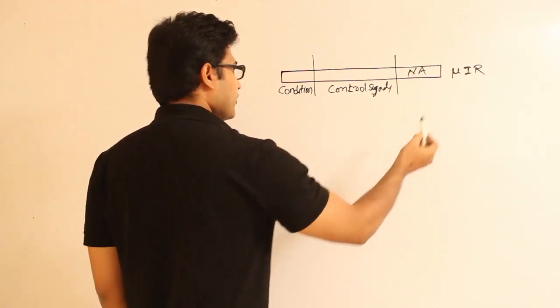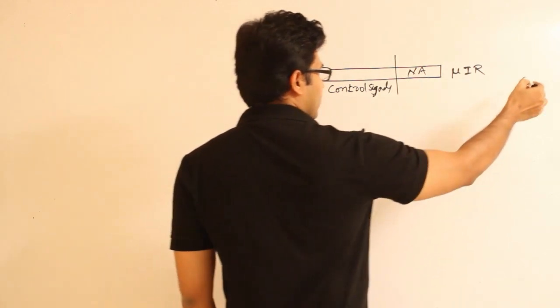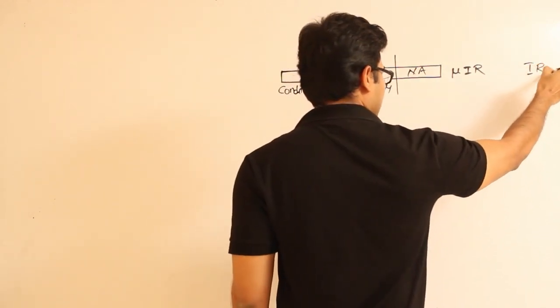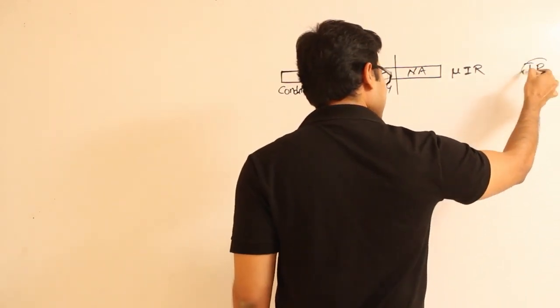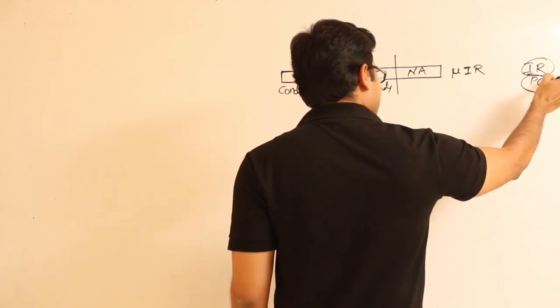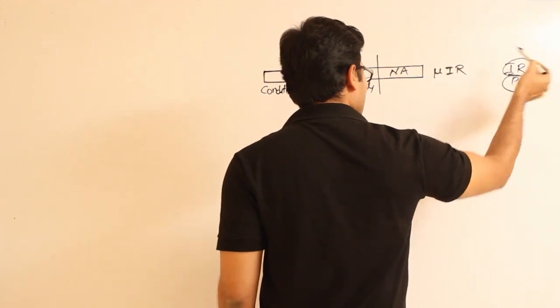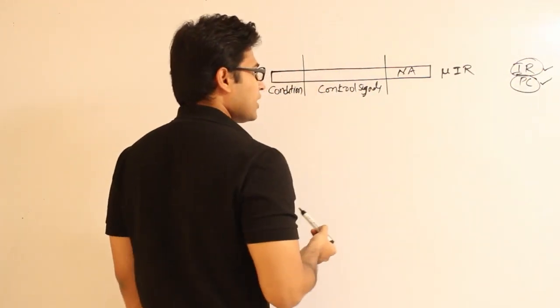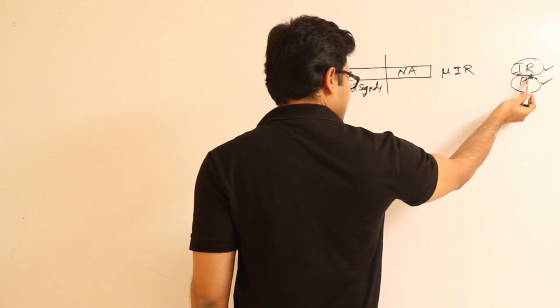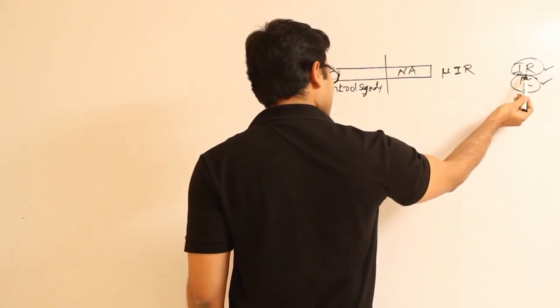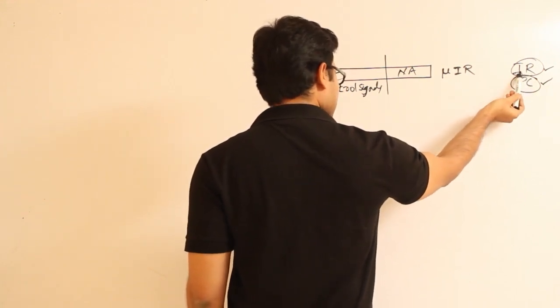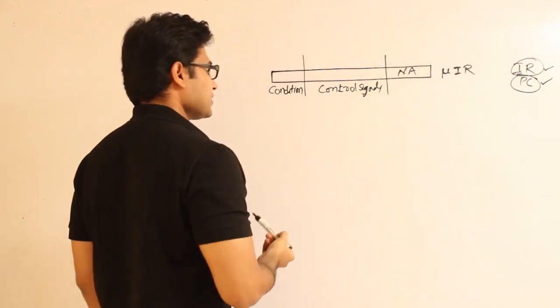Apart from it, we will have the instruction register and program counter. These will contain the normal instruction and the pointer to the next normal instruction that has to be executed. To fetch this normal instruction, decode it and execute it, we are going to use all this.